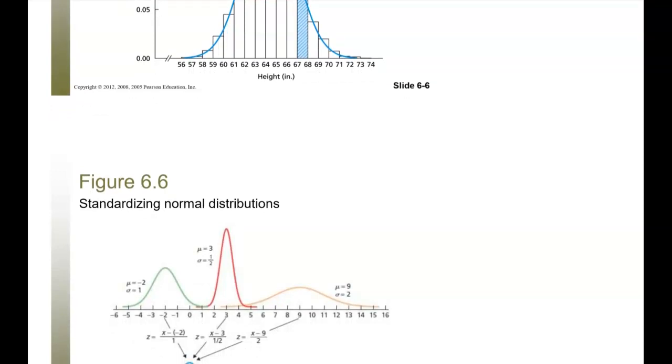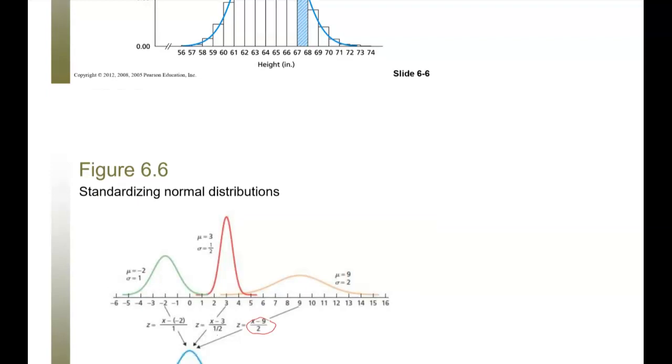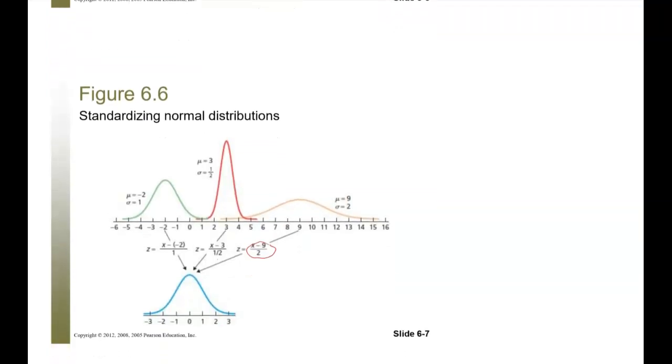If my mean was 9 and my standard deviation is 2, I would take each x value in this data set and standardize it using this formula. I would do the same thing for the red one, but this time my population mean is 3, and my standard deviation is 0.5. Okay, and there's the formula for that one. If I standardize all 3 of them, you will get the exact same graph.